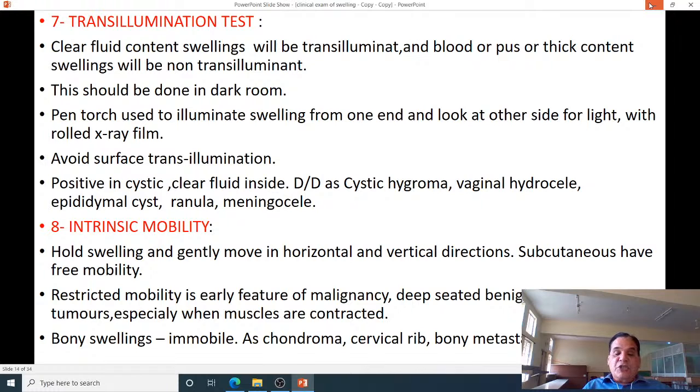Avoid a surface torch; just don't keep the torch on the surface, it will always look transilluminant even if it is a hard swelling. So it should be in one direction, and positive in all clear cystic swellings: cystic hygroma, hydrocele, epidermoid, ranula, meningocele. These are all common diagnoses.